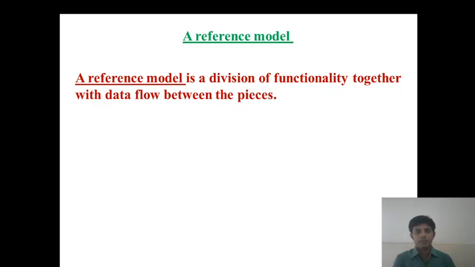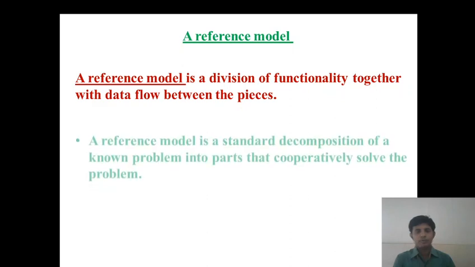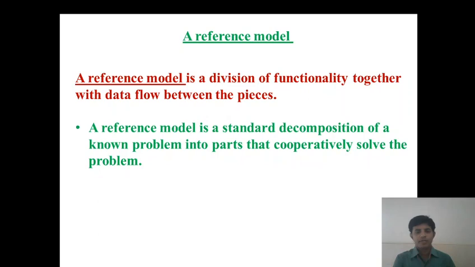Simple, division or decomposition of the module. A reference model is the standard decomposition of a known problem into parts and how the data flow goes between those elements. For example, compilers, DBMS, and a lot more examples.